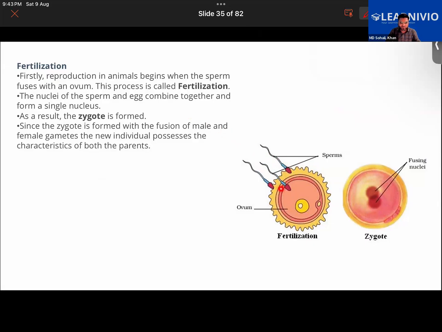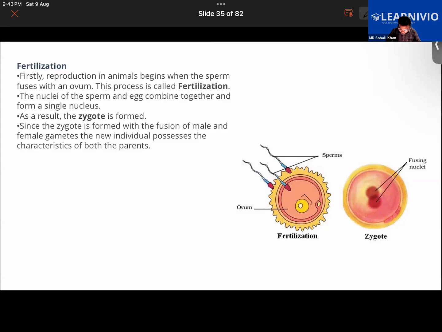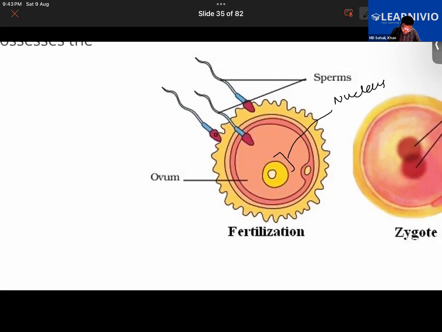What exactly is fusing? We see that the nucleus of both of them is fusing together. This is the nucleus of the ovum, and as we have learned, the head of the sperm contains the nucleus, so that is the nucleus of the sperm.